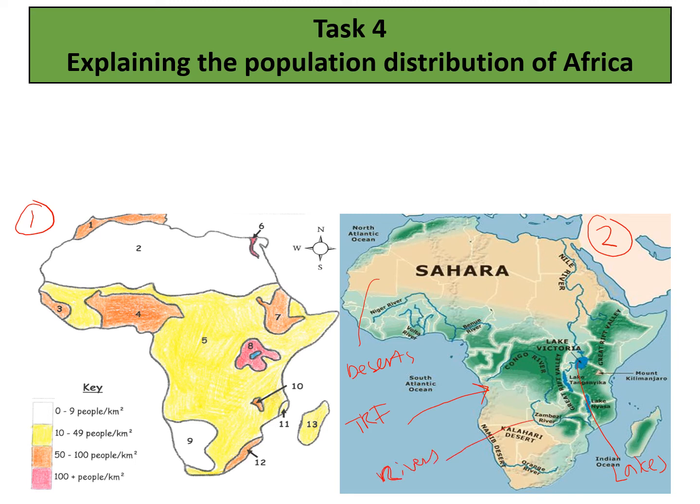Okay. So you can already start to think, well, I would much prefer to live near a river than in a desert where it's very hot and very dry and it's very difficult to survive. So we're going to use these 2 images and the sentence starters on the sheet to give reasons how the physical landscape can impact the population density. If we look at the image on the left, we can see here, this is where the Sahara Desert is.